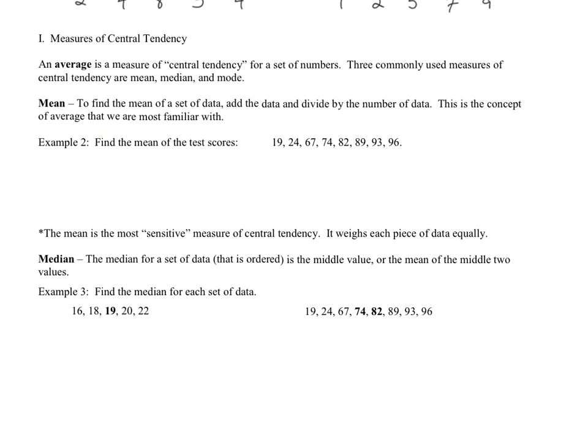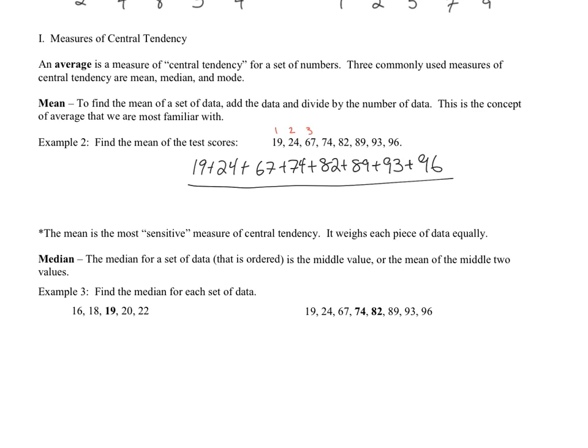So when we do this, we find the mean of the test scores over here. And all we have to do then is we have to add, that's 19 plus 24 plus, we just take all of these numbers and add them together. And then we divide by the number of numbers. So when we do something like that, we count 1, 2, 3.